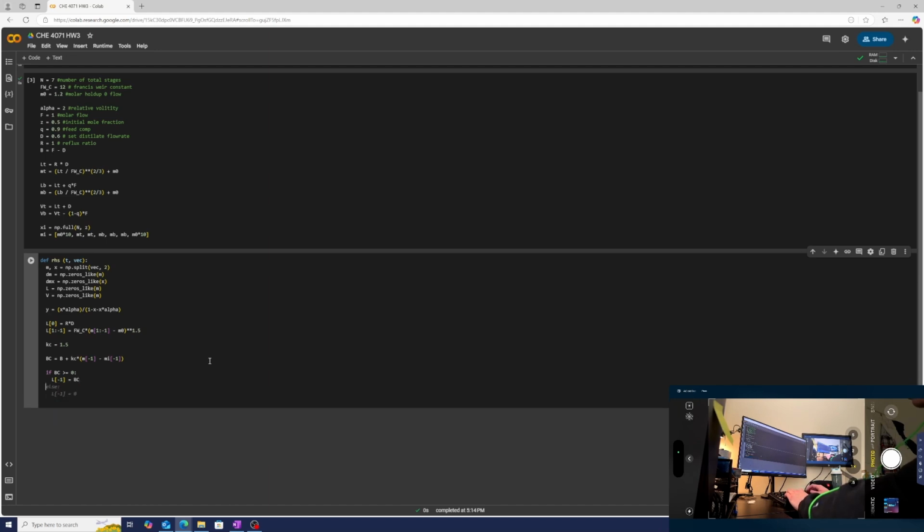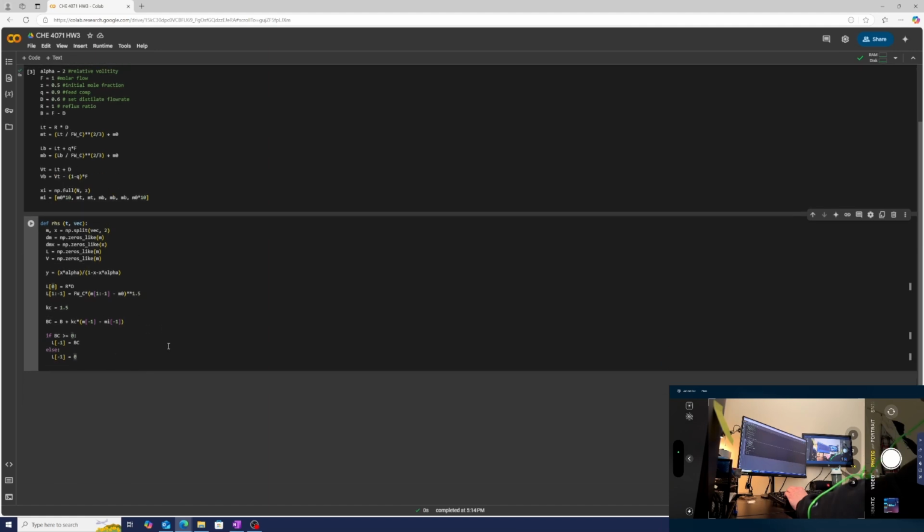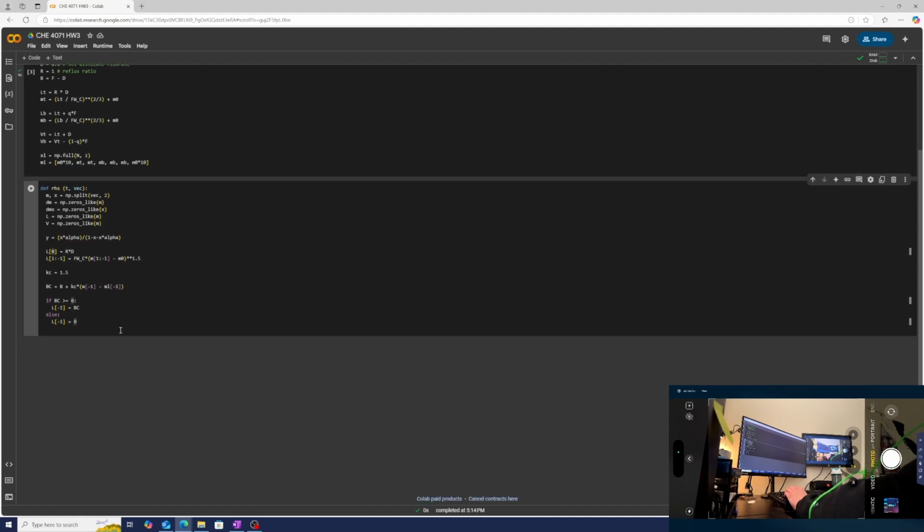However, else if our BC is less than 0, we want our L minus 1 to be equal to 0 instead. Okay, I think that looks good so far. So now we have all of our liquid being accounted for. Our very first stage, our condenser, all the ones in between, and our last stage, the reboiler.